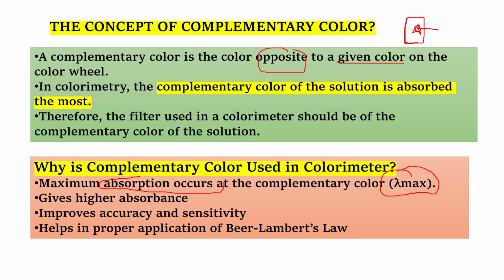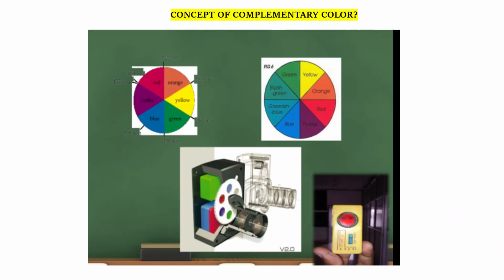That is why the complementary color is used. It gives high absorbance, increases the precision, accuracy and sensitivity, and helps to apply Beer-Lambert's law properly. That is why in colorimetry, the concept of complementary color is very important.